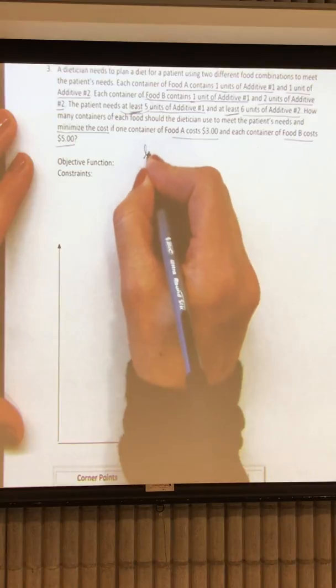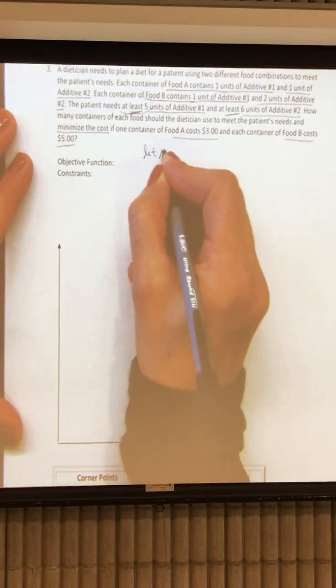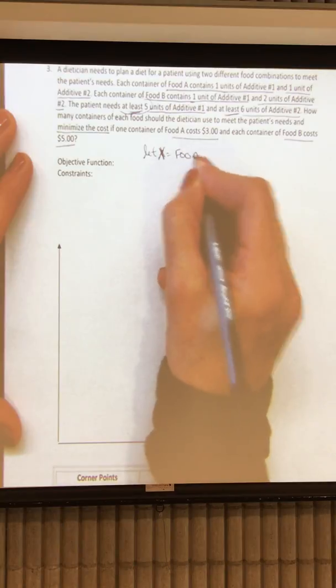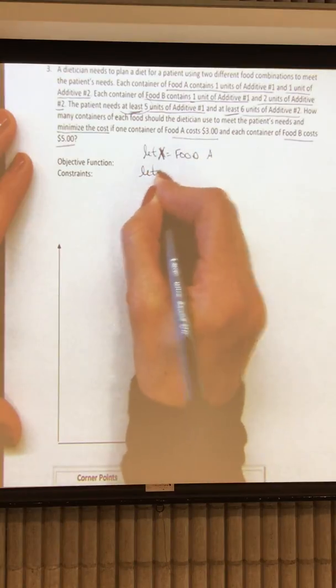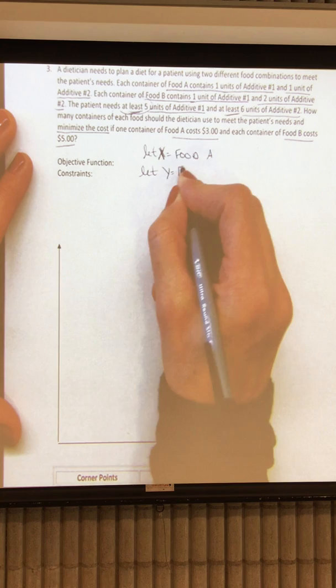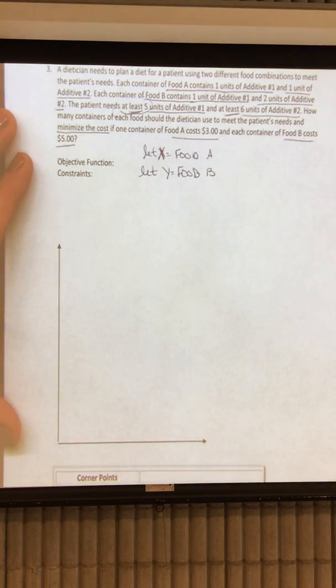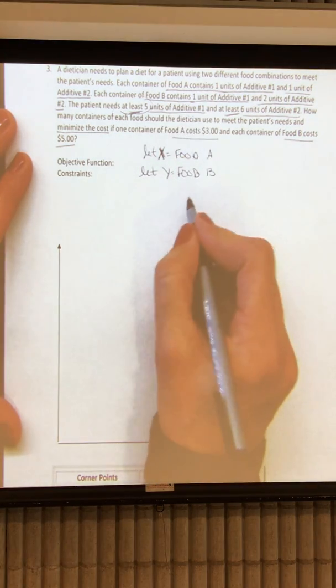So here, if we let x is equal to food A and we let y is equal to food B. So here we know at least, the patient needs at least 5 units of additive 1.